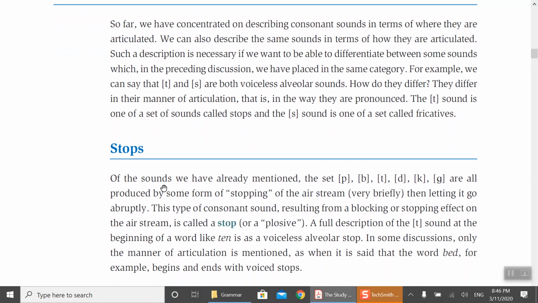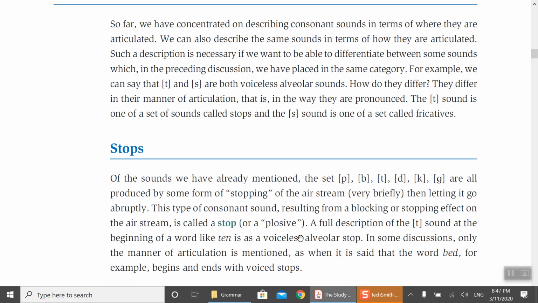Of the sounds we have already mentioned, the set p, b, t, d, k, g are all produced by some form of stopping of the air stream very briefly, then letting it go abruptly. This type of consonant sound, resulting from a blocking or stopping effect on the air stream, is called stop or plosive.